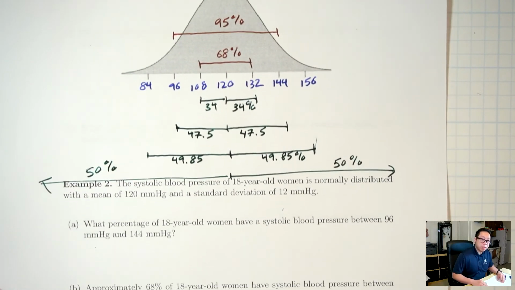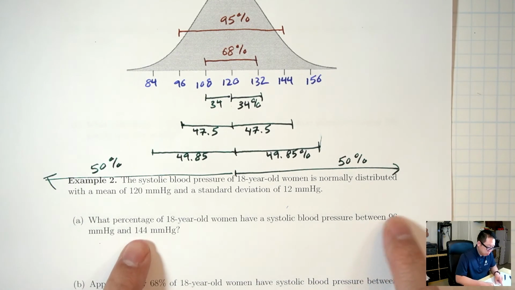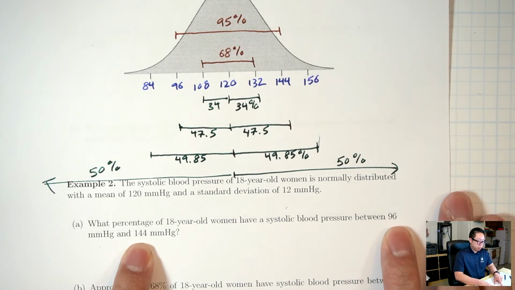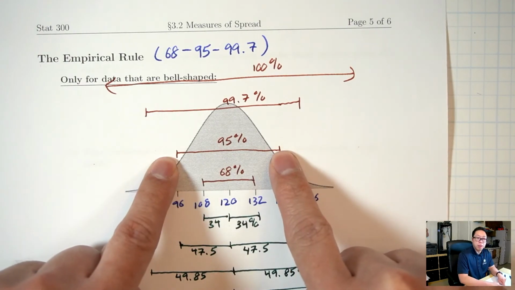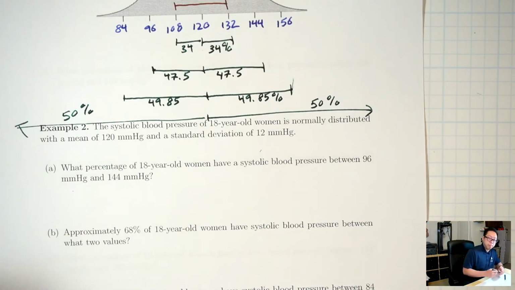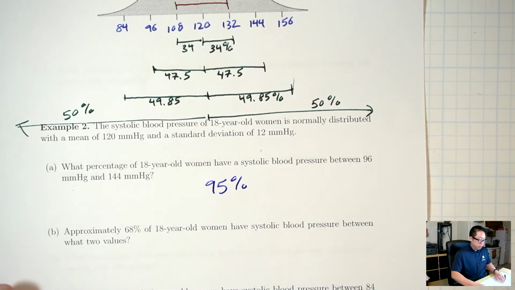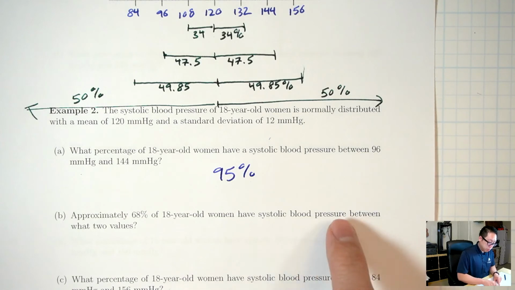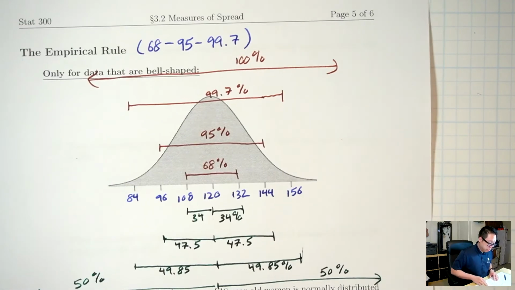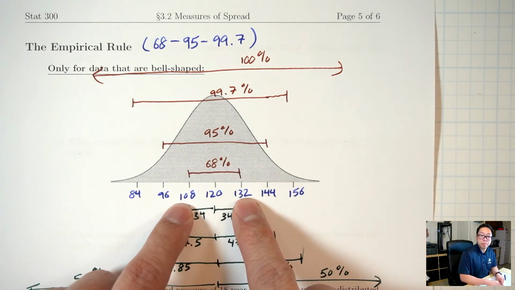So part A says, what percent of 18-year-old women have systolic blood pressure between 96 and 144? So between 96 and 144, 95%. Part B: approximately 68% of 18-year-old women have blood pressure between what two values? Well, 68% is between 108 and 132.